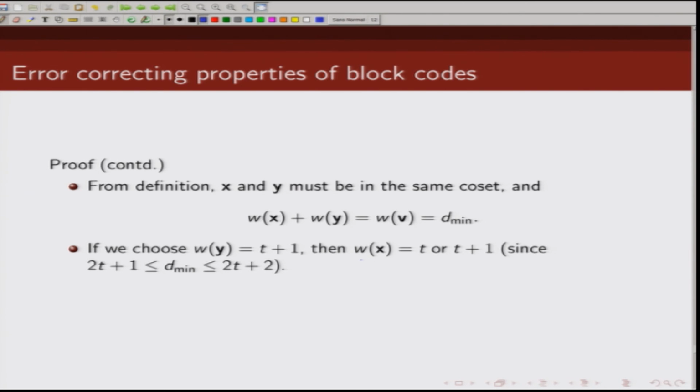So, from this and using the fact that d min lies between 2t plus 1 and 2t plus 2, using these two results, what we get is that the weight of x can be t or t plus 1.